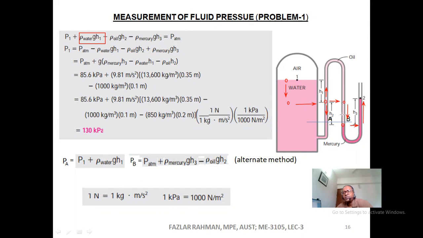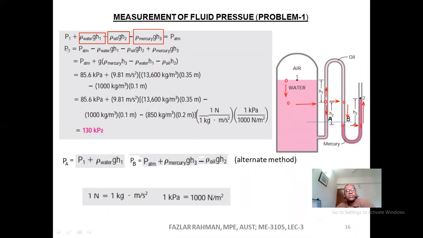Then coming to point B, that means height H2 is coming down and the density of the fluid is rho oil, so rho oil G H2. So you are now at point B. From point B, you come right over here, then you move upward, that means minus H3 rho mercury G, equal to atmospheric pressure, P2. P2 is atmospheric pressure, right?